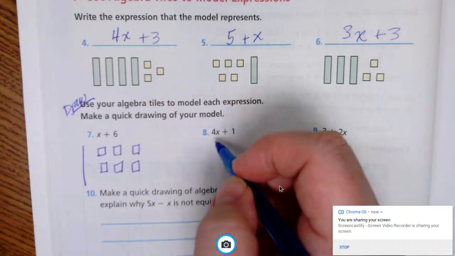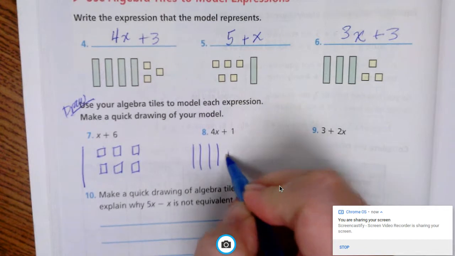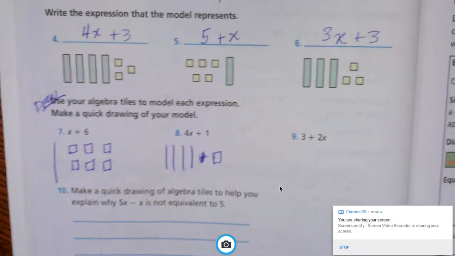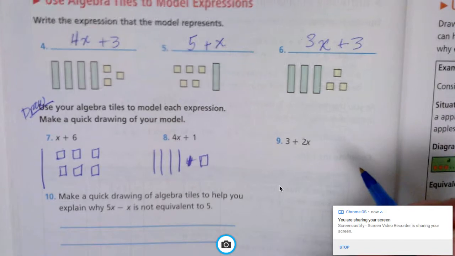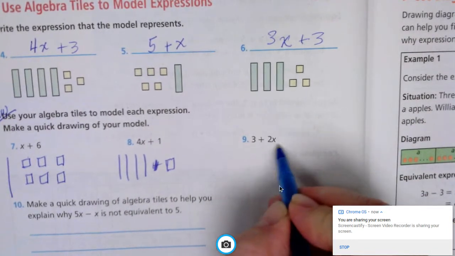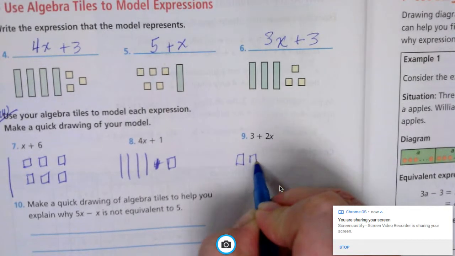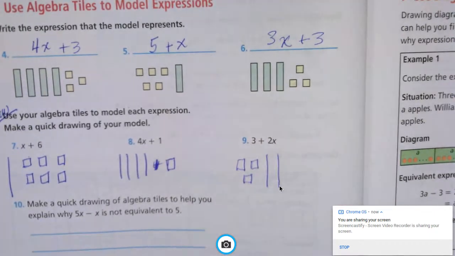Number 8, 4 x's plus, oops, I don't even need that, just a small square tile. Sorry, I didn't teach elementary age kids, the little ones, so these tiles are new to me. Number 9, 3 plus 2x. So we're going to think 1, 2, 3, and 2 of those.